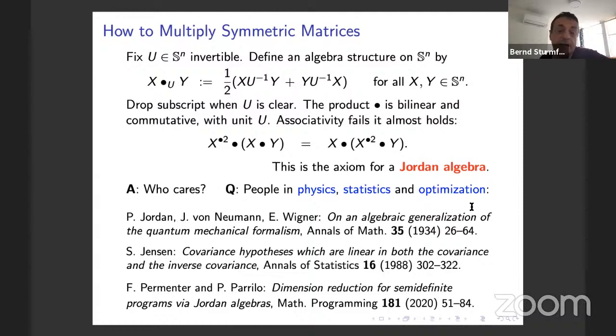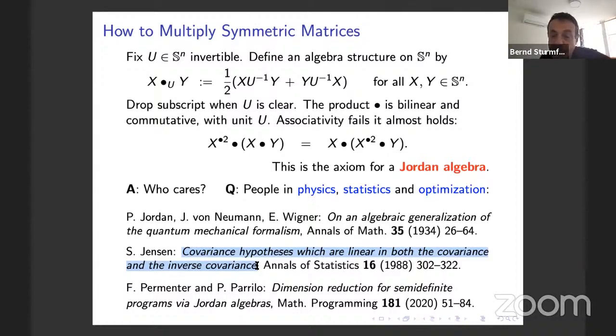Statisticians discovered this in the 1980s. So Annals of Statistics, the most prominent statistics journal, had this article by Jensen in 1988, covariance hypotheses which are linear in both the covariance matrix and the inverse covariance matrix. Remember, L and L inverse. We have linear constraints on both.